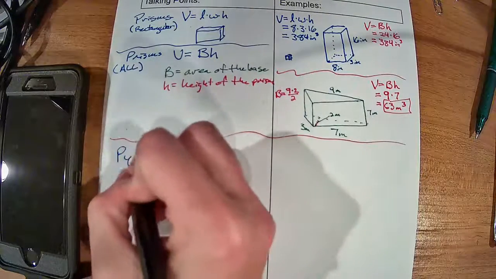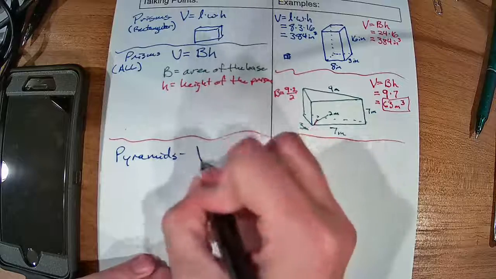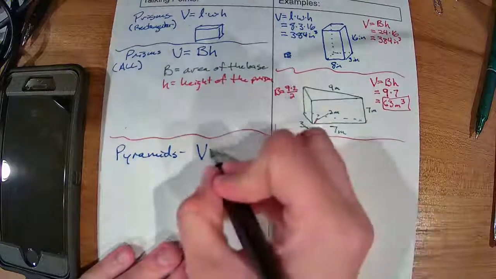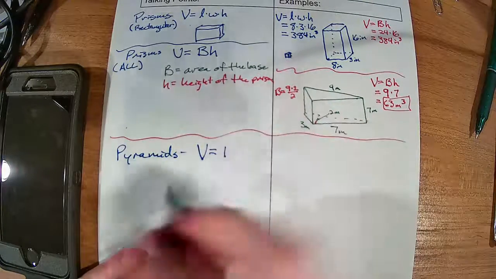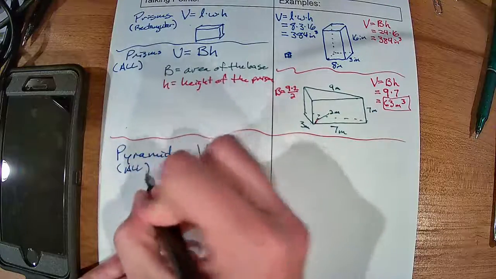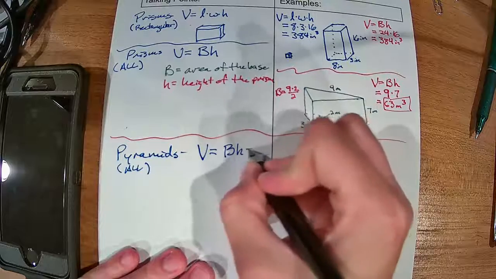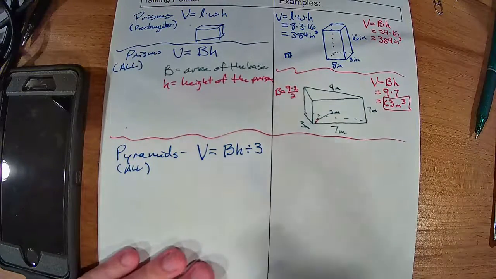We've got pyramids, and their volume formula is as follows. And I'm going to write this calculator friendly, again, just to make your life easier. This will work for all pyramids. So B, area of the base, times height, divided by 3. Again, calculator friendly version.